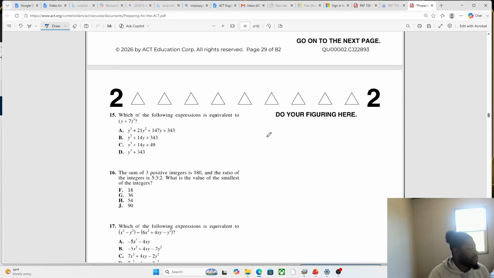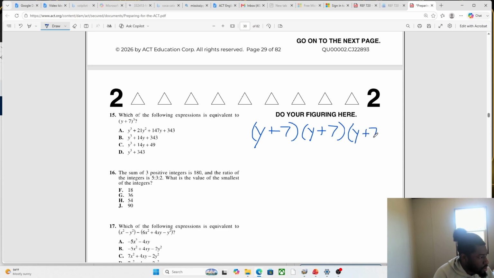All right, on to number 15. Which of the following expressions is equivalent to y plus 7 cubed? All right, so y plus 7, y plus 7, y plus 7. So we're going to multiply two of these together.